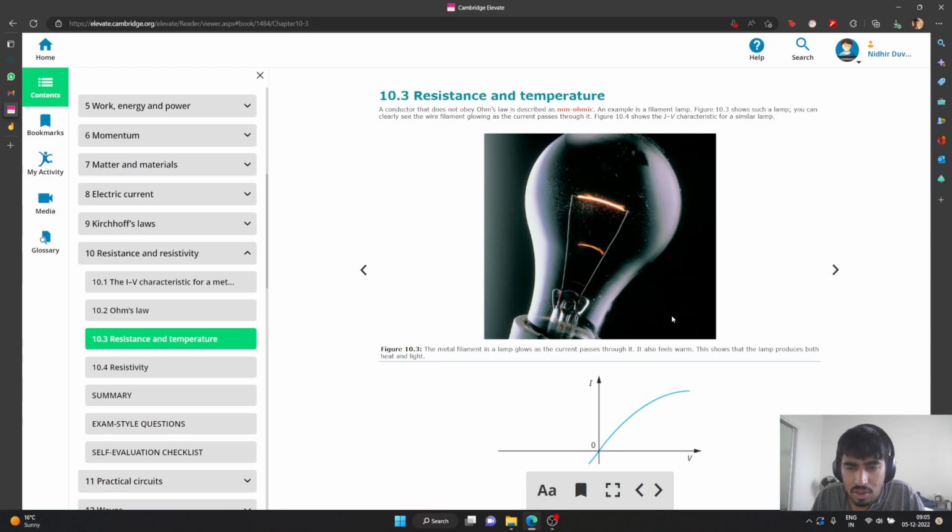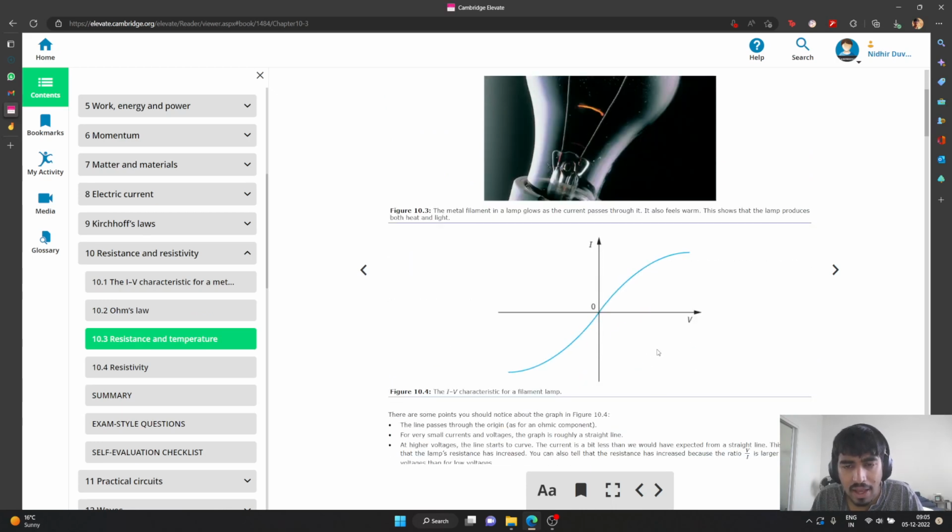So the first thing that they discussed here is a bulb. As the voltage increases, the current increases. Initially, if you have a voltage at around here and you double the voltage, current also doubles. But if you are somewhere around here and you double the voltage, say this is 0.5, maybe this is 1, then you see current has only increased by a small amount, it has not doubled.